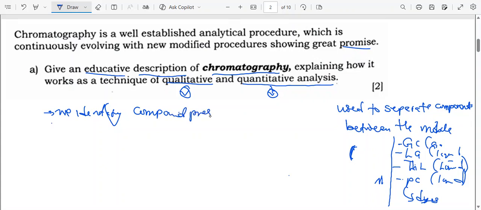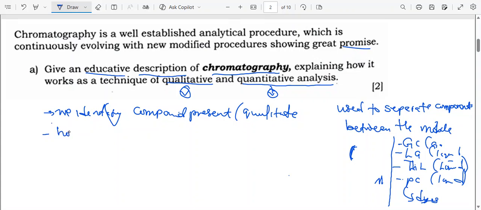Okay, so once we are able to tell that this is a compound, we have done identification, but coming now to how much we have identified, that is quantitative. So identifying compounds present, that is qualitative analysis. Then to determine how much of each compound is present, that is the quantitative analysis.